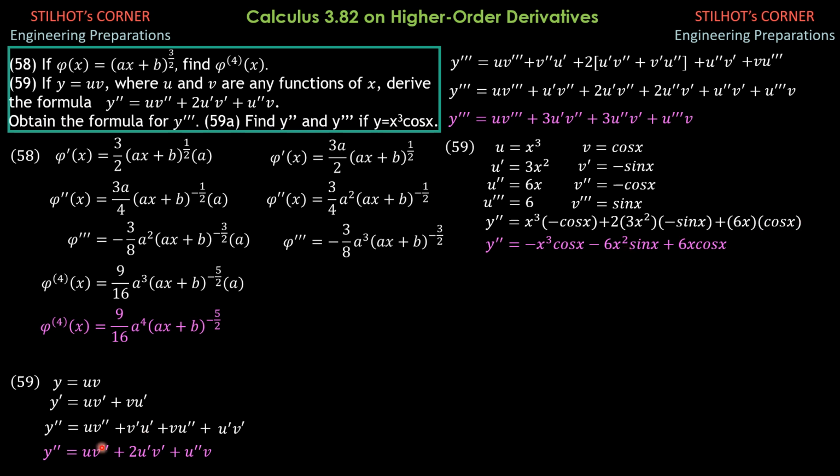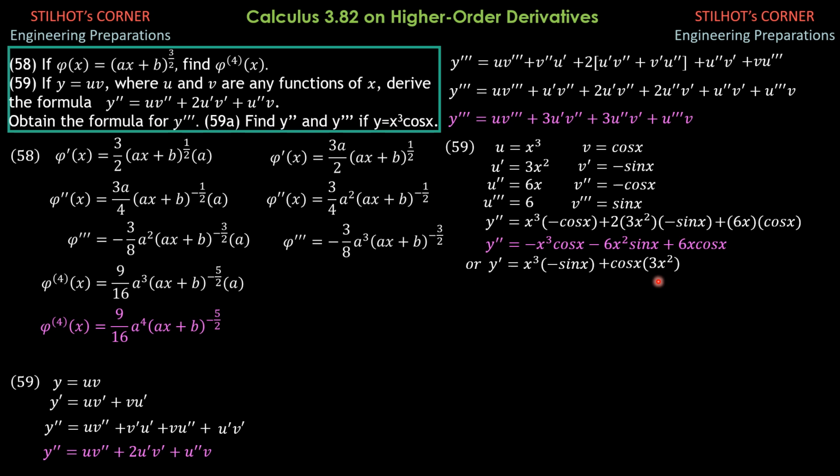So that is if you use the formula, but if we are not going to use the formula, then we will differentiate it as normal. So y prime is x cubed, derivative of cosine is negative sine x, plus second, cosine x, derivative of first, 3x squared.